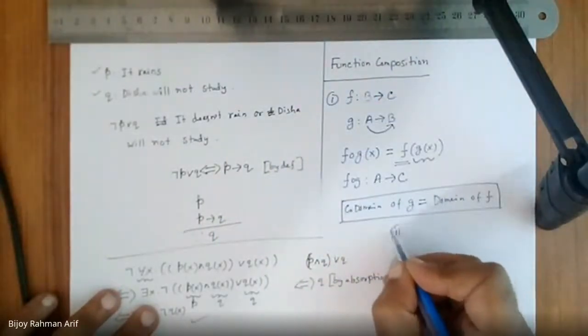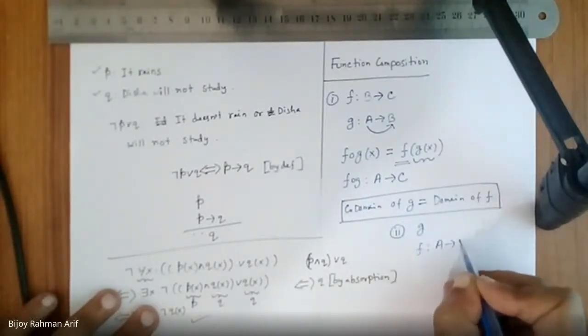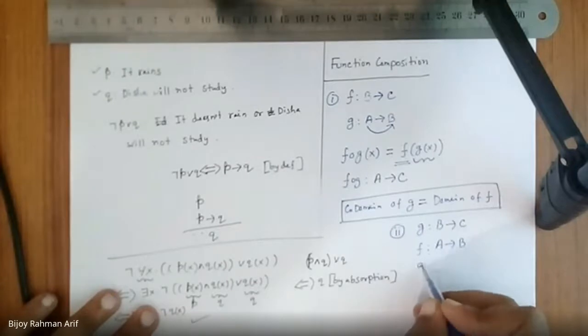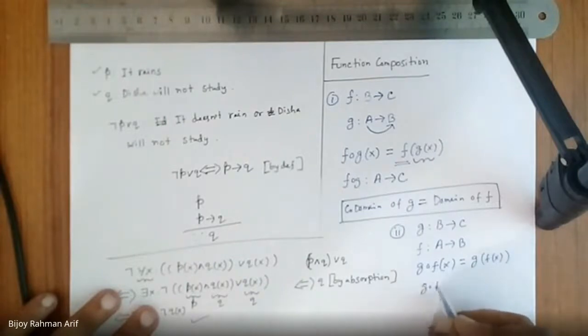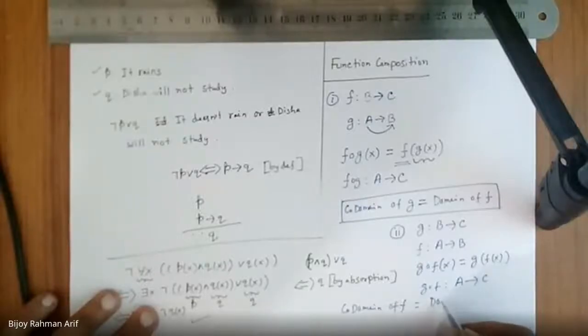Number 2, if f is a function from A to B and g is a function from B to C, then we can do g of f of x, and g o f is a function from A to C. Here we have to make sure the codomain of f is equal to the domain of g.